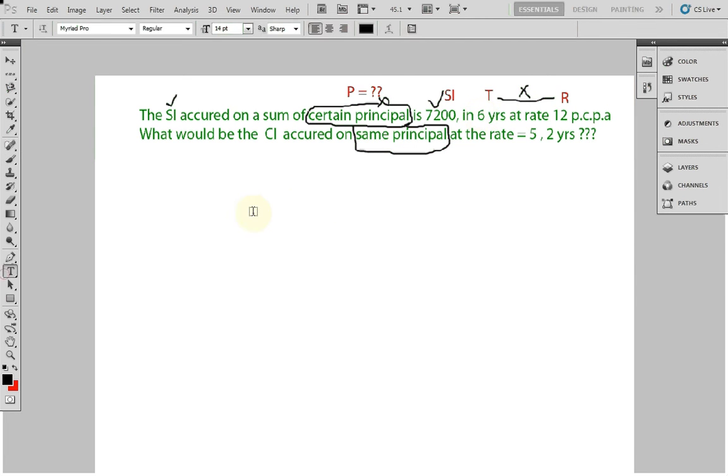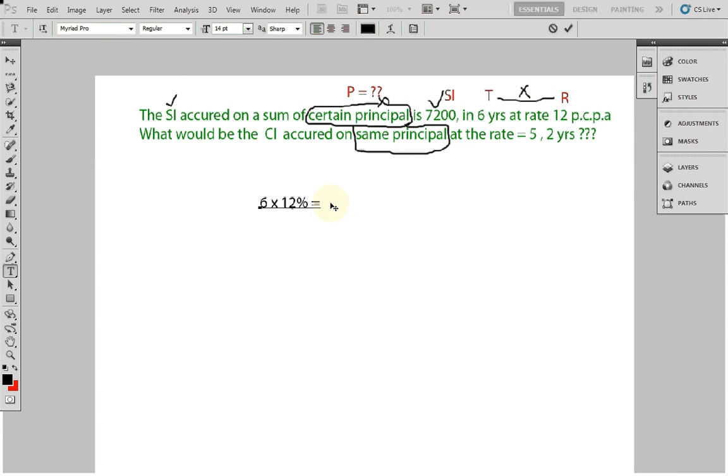Here we will multiply 6, I'm sorry, 6 years time, into 12%.